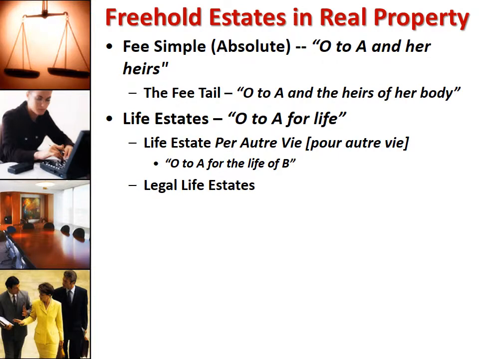A joint tenancy is O to A and B. In other words, if I want to give land to my daughter for as long as she is married to her husband, by operation of modern American law today, I should either give it just to my daughter, because if I give it O to A and B and something happens to their marriage, both will take a 1/2 interest in the property.